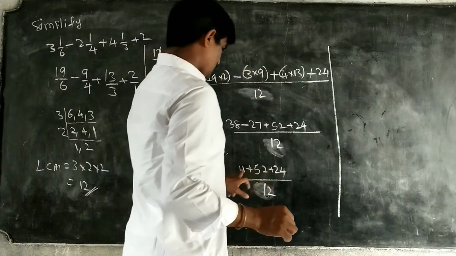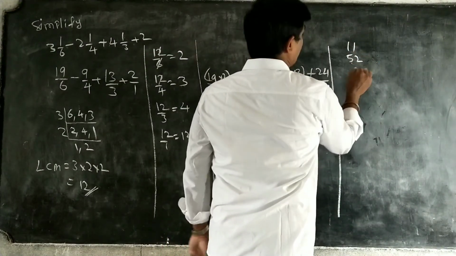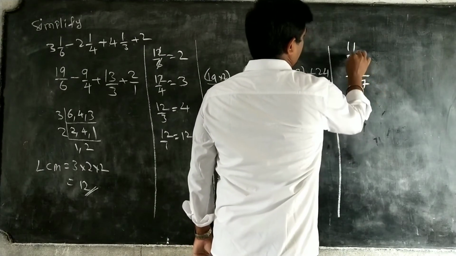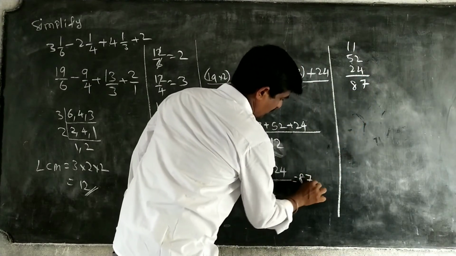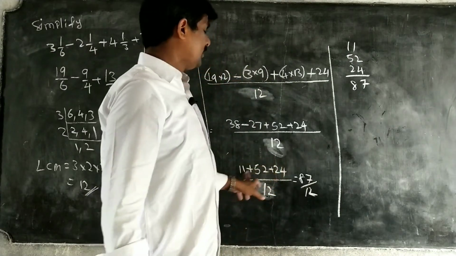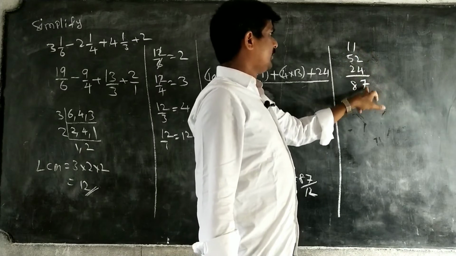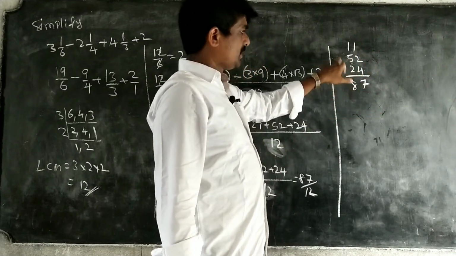Next, 11 plus 52 plus 24, that is equal to 87 by 12. So 11 plus 52 plus 24: 2 plus 1 is 3, 3 plus 4 is 7, 5 plus 2 is 7, plus 1 is 87.